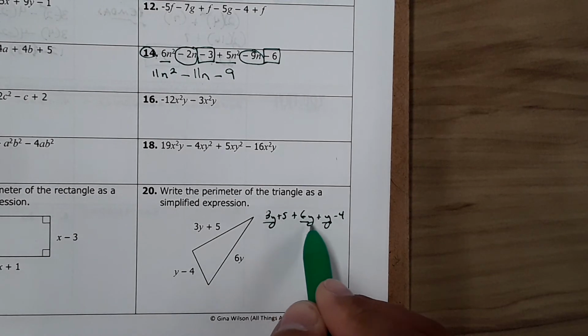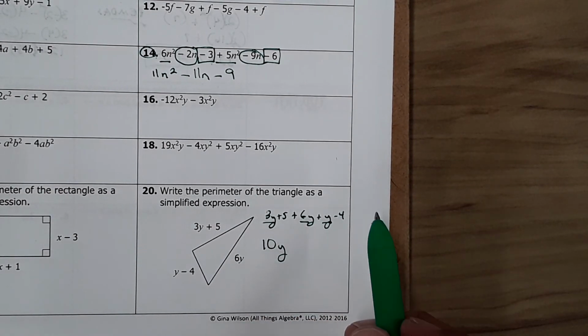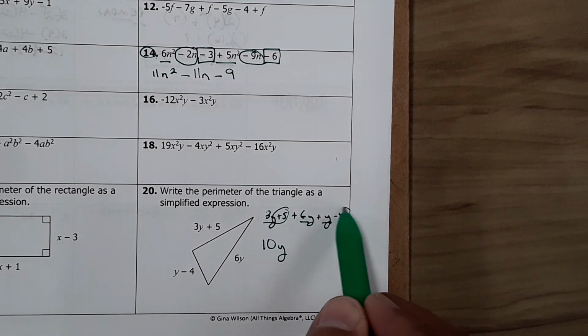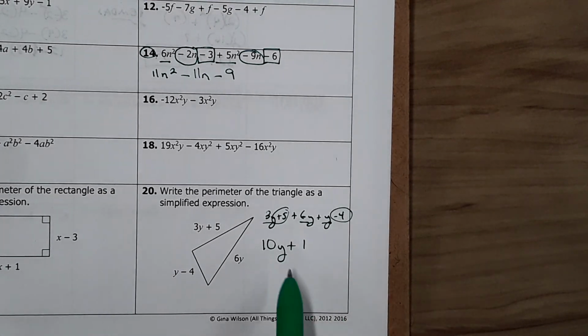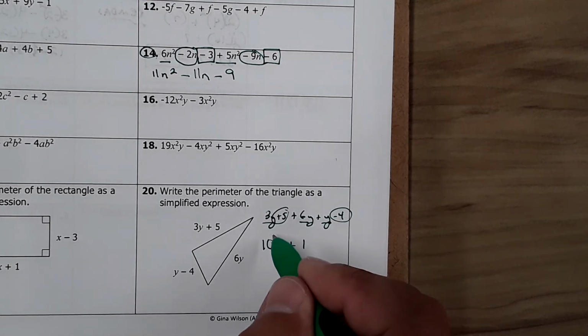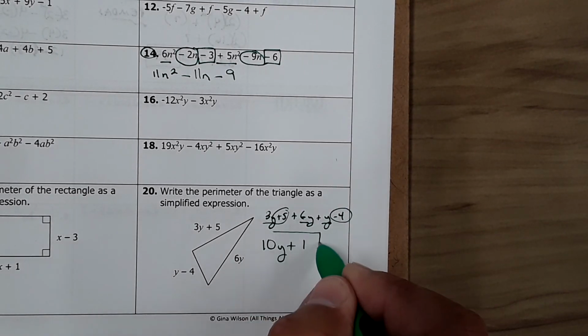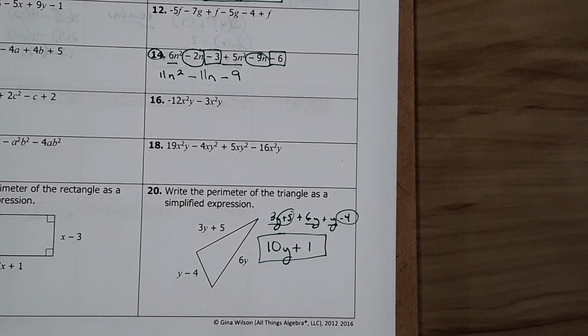So 3y and 6y and 1y make 10y. And then these constants here, 5 and negative 4, and when I add 5 and negative 4, I get positive 1. And if I add those together, I would get 11y, but wait, this doesn't have a y in it. That does. So these are not like terms. So for the perimeter, rather than coming up with one number, this is all I could do. This is the best I could do, which is 10y plus 1. So that's going to be the answer to that problem there.